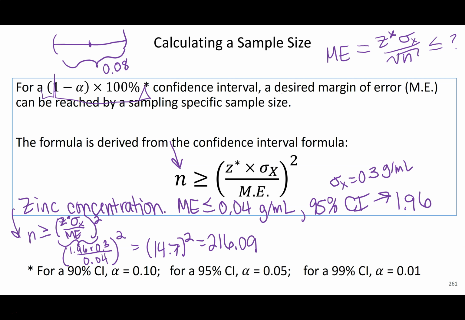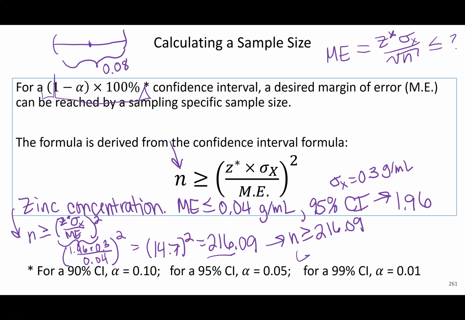So things to consider: you can't sample exactly 216.09 locations. You can only sample an exact number. If you round down, 216 is not enough, because you get n is greater than 216.09. 216 won't be enough. So you must round up. With sample size calculation, always round up.